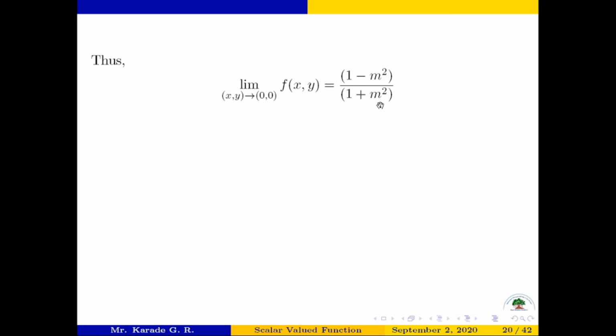And we see that if I change the value of m, then the value of the limit will change. Or we can say that for different values of m, we get different values of the limit. So this shows that the limit of function f of x comma y depends on m.